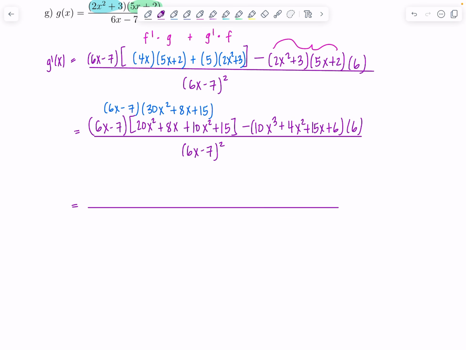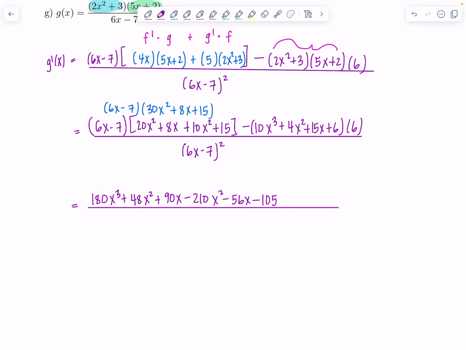Here we go. That'll be 180x cubed plus 48x squared plus 6x times 15, that's 90x. And then now I'm going to distribute the negative 7 through. So that's minus 210x squared minus 56x minus 105.